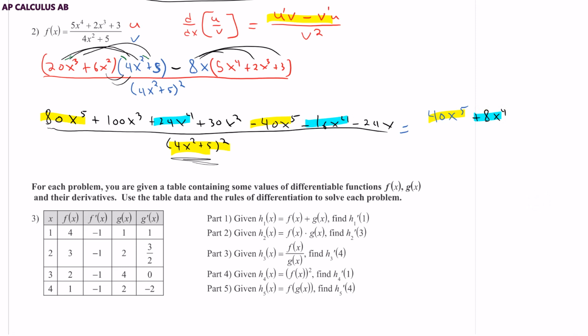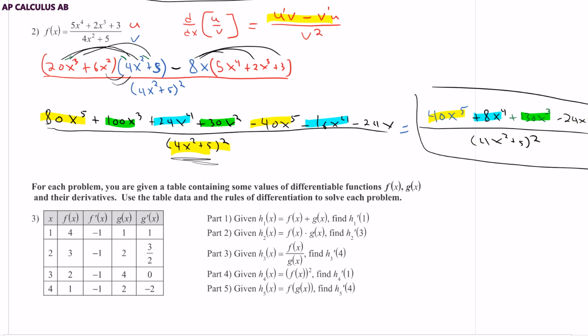And then the next one is the cubic, which is 100x cubed and 30x cubed. So that's going to be 130x cubed. Right, that came from that. And lastly, just the negative 24x is the only one that's left. And we'll just put that all over 4x squared plus 5 squared. All right, so that's going to be the simplest case there.